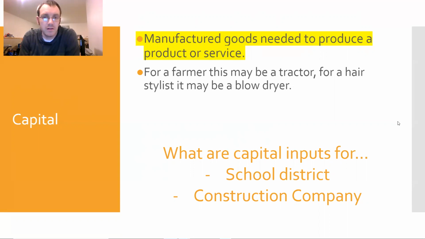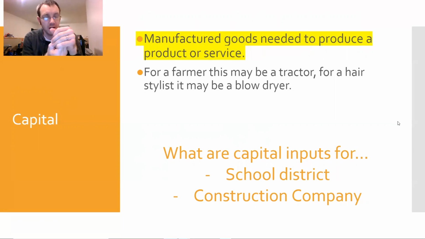School district, what are the manufactured goods that we need? Usually more expensive. Well, I can think of a few. Number one is technology, what I'm using right now. It costs a lot of money. You have your actual buildings, the schools, your bus garage, your buses themselves. You have the field itself, I guess, would fit with land.